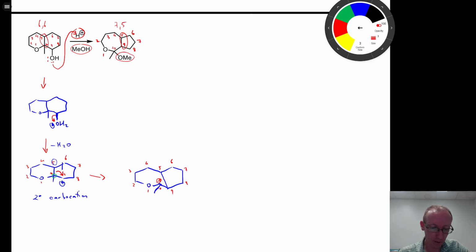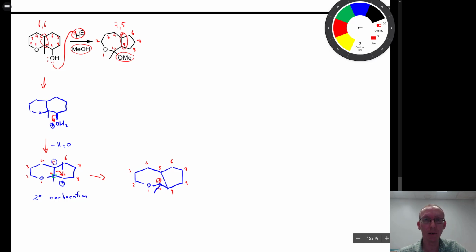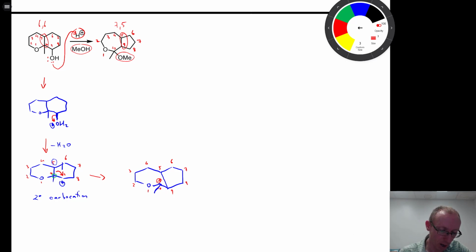And this one is a real classic example of that. A positive charge next to a heteroatom, particularly oxygen and nitrogen, can be greatly stabilized by that heteroatom because it has lone pairs of electrons. So we can draw a resonance form where that pair of electrons moves in.